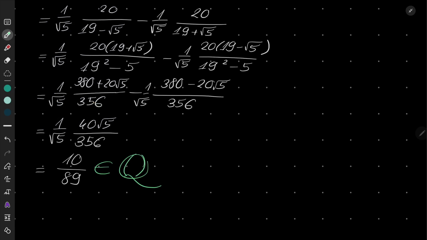And that, to be honest, concludes our proof, because we have demonstrated that our number is rational, and moreover, we know the exact result. So our sum converges to 10 over 89. And that closes my video. So thank you for watching and see you next time.